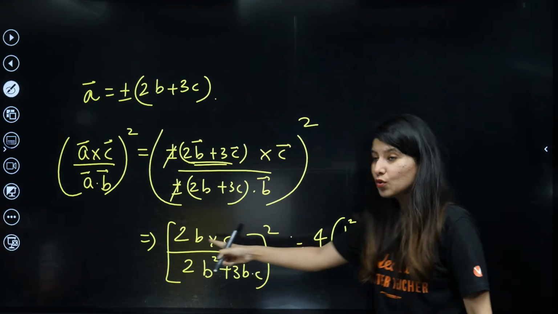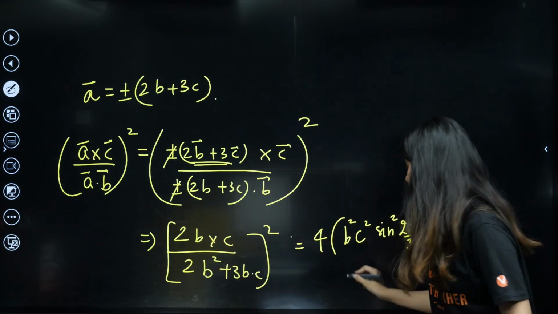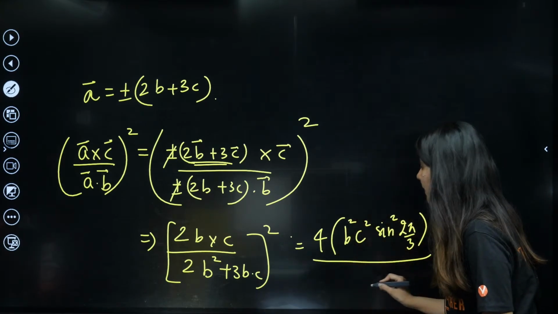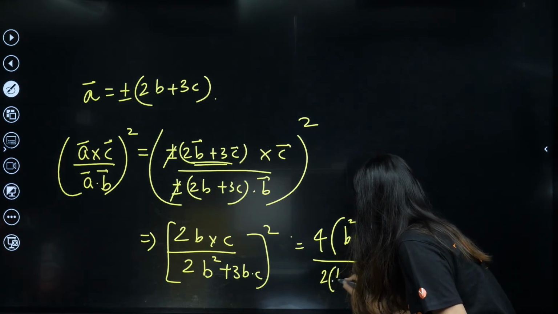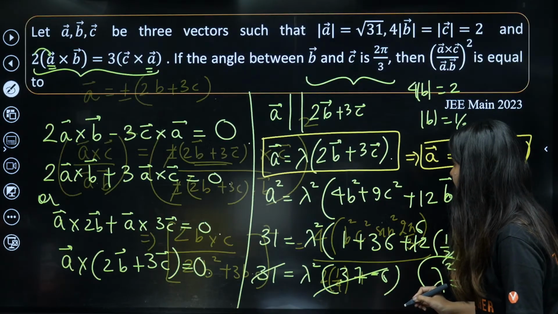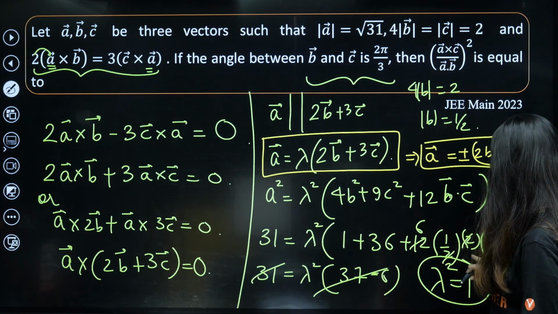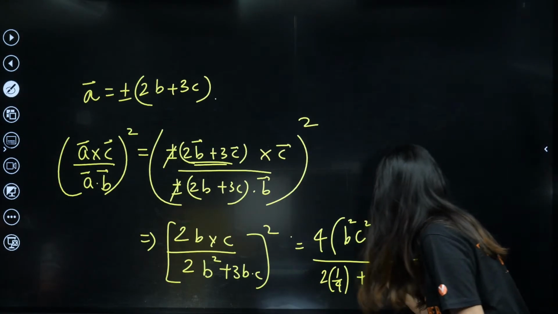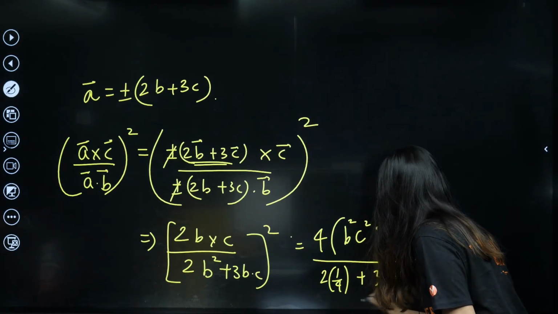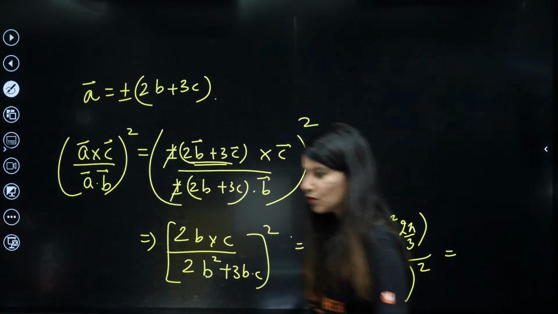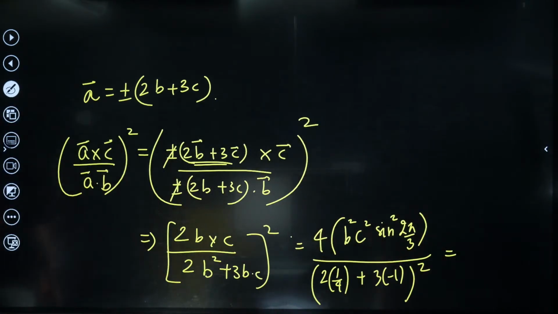We do know the angle between B and C. The whole upon 2B square, so 2 times 1 by 4 plus 3B dot C. The value of B dot C we have already calculated. So B dot C will be half into 2 into minus half, so minus 1 is B dot C. So 3 times minus 1, the whole square. Solve it, get the answer. Let me know your answer in the chat box.